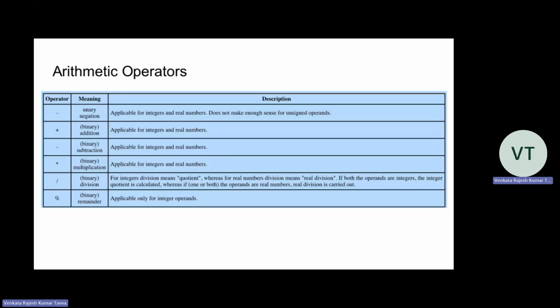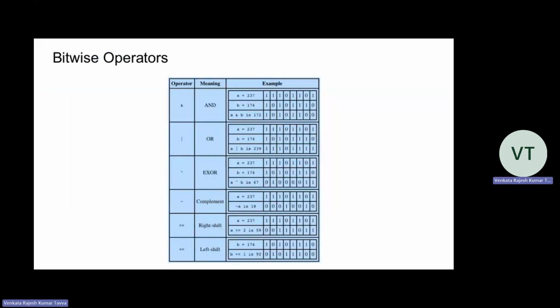You will do some programs in the labs, so I won't spend much time on it. Let's quickly look at bitwise operators. These bitwise operators are in line with the bit operators which we discussed earlier: and, or, not, XOR. These are the same, and then there are two additional ones, right shift and left shift.